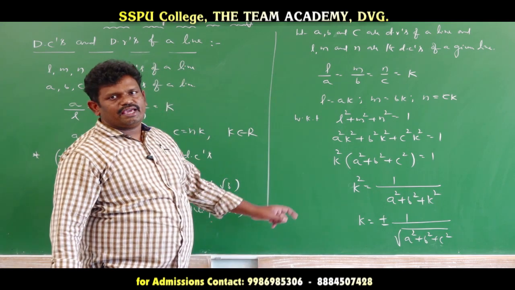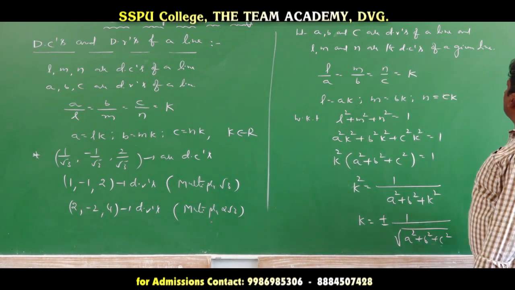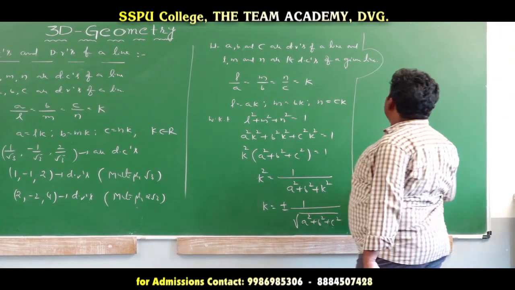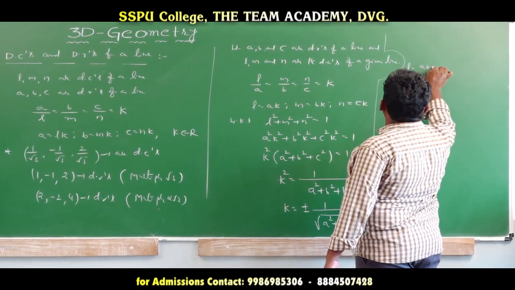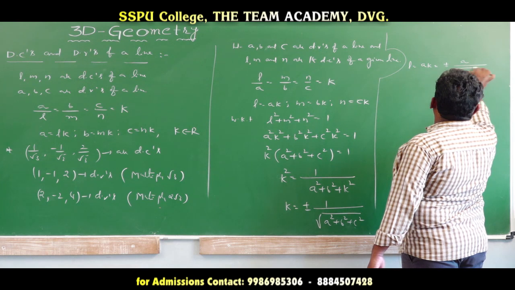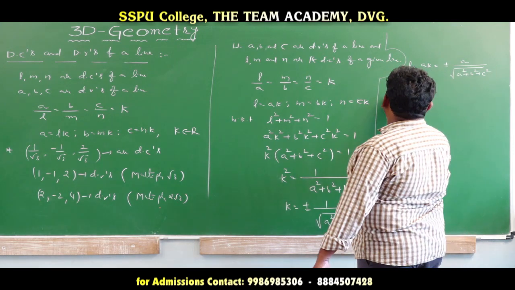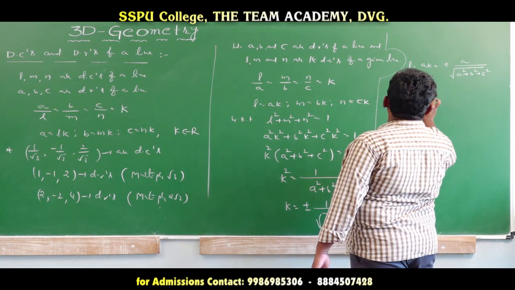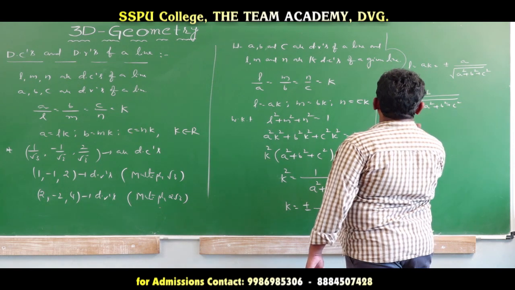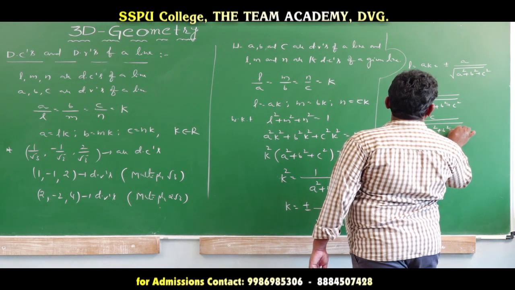Next we substitute this k value here. l is equal to a into k, so l is equal to plus or minus a by square root of a square plus b square plus c square, and m is equal to plus or minus b by square root of a square plus b square plus c square, and n is equal to plus or minus c by square root of a square plus b square plus c square.